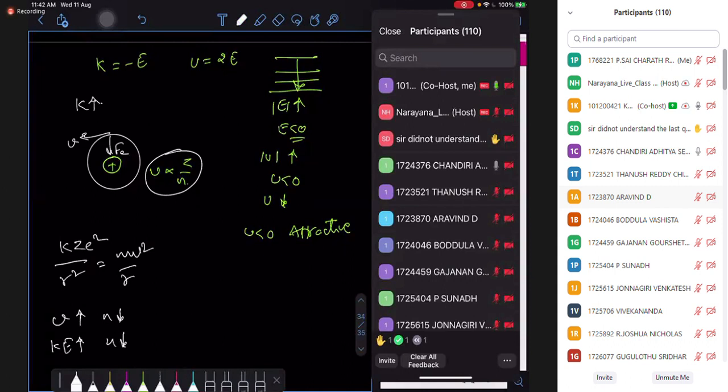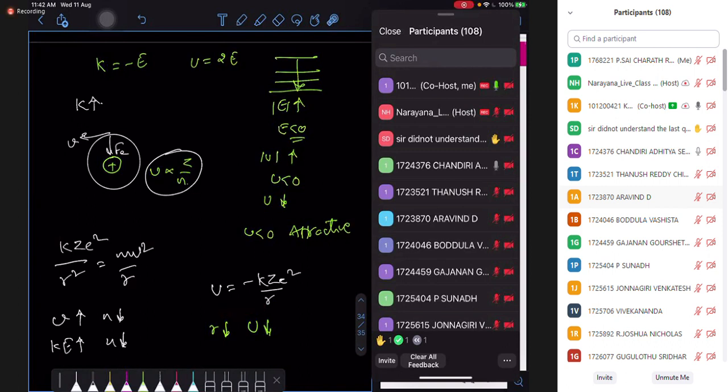Now what about the potential? My potential formula is minus k q1 q2 by r. So it is inversely proportional to r. As r decreases, this term is increasing, but with a negative sign. Okay, the negative sign is also there. If my r is decreasing, your potential energy is also decreasing. The logical reason is simple.